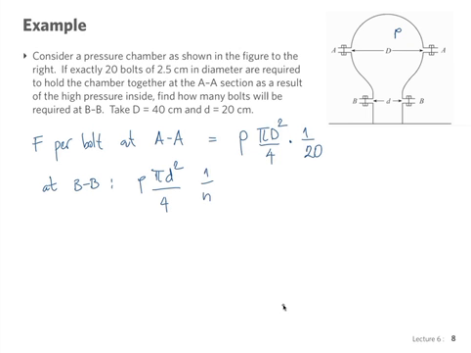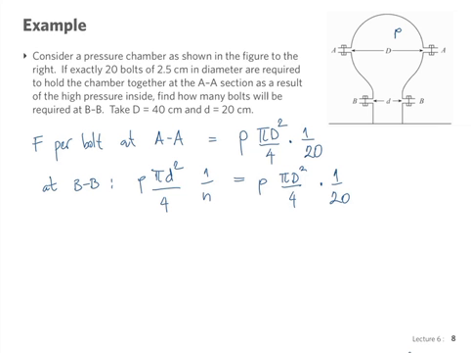And of course these forces have to be equal. So we can just make this equal to the one above. The pressure cancels out, and we can solve for n quite easily. For this whole thing to be in equilibrium, it really only depends on the ratio between the diameters.